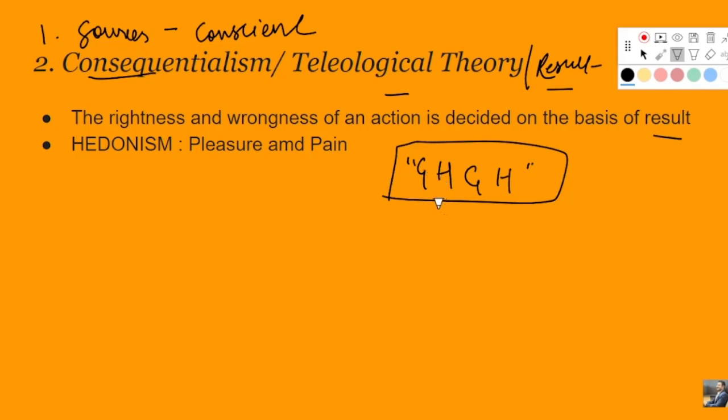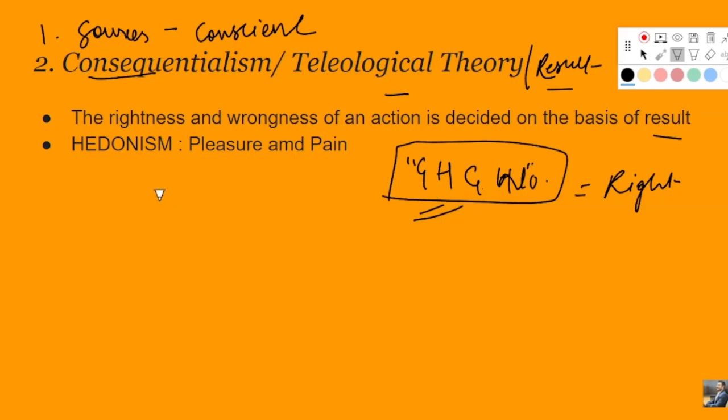They say that if any action leads to the result of greatest happiness of the greatest number, then that particular action shall be considered a right action, right? But this is the end result, right? On what basis are the consequentialists coming to this particular idea that if there is the greatest happiness of the greatest number, then that act shall be right, right?